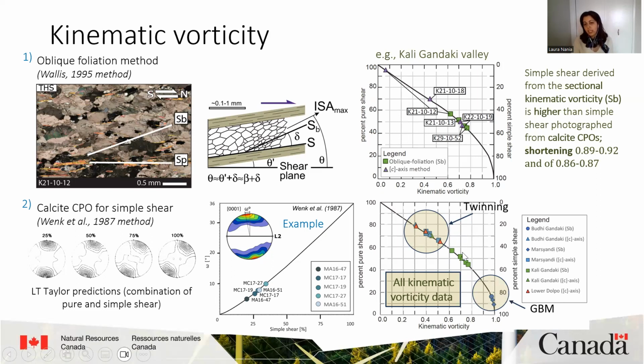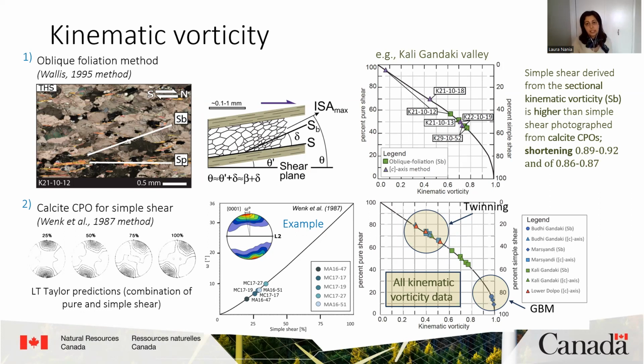In the circle, we have the areas for the lower Dolpo and the Manaslu valleys. Basically what we can see for those two valleys is that the grain boundary mobility mechanism developed with the oblique foliation occurred in a simple shear dominated flow, whereas twinning occurred in a general shear flow, but with strong pure shear contribution.